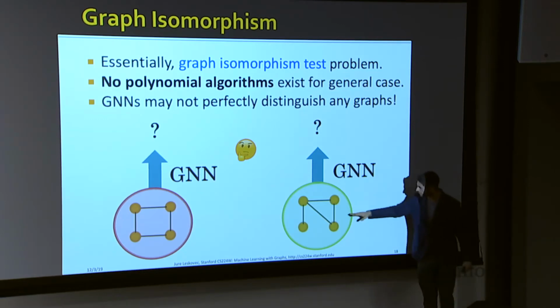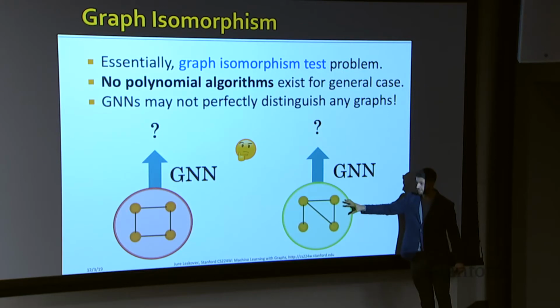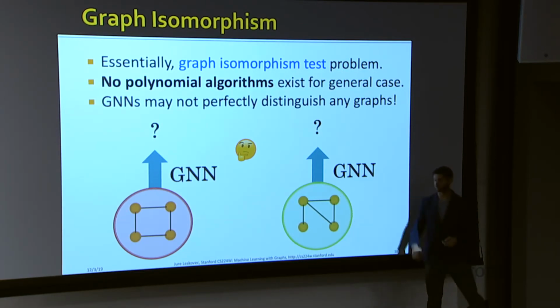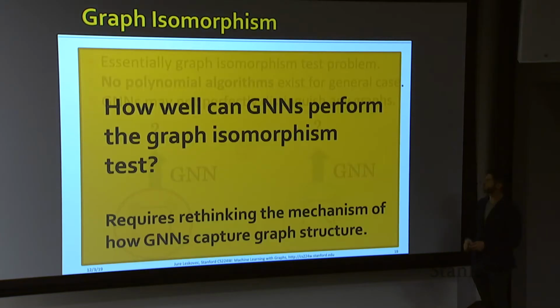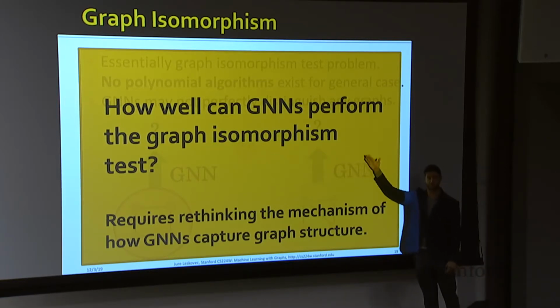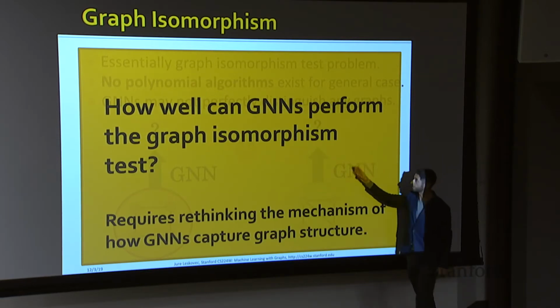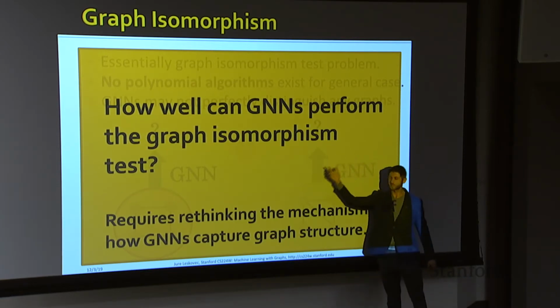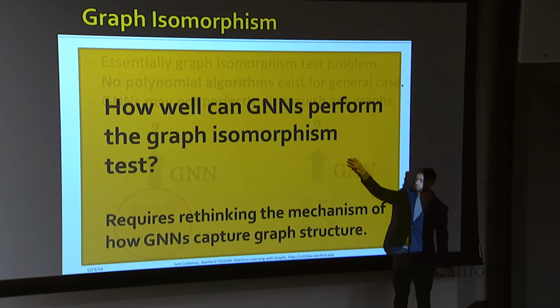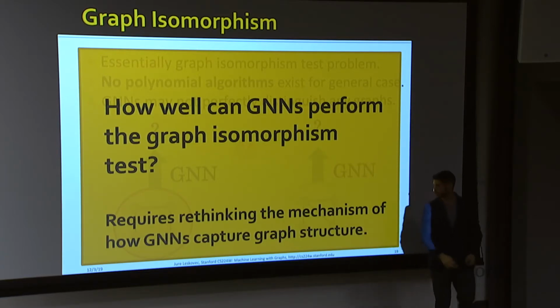So we have to carefully design a GNN to be able to distinguish each possible different graph structure. So how are we going to do that? And how well in the end can GNNs perform the graph isomorphism test? We're going to run this parallel throughout the first part of the lecture: we're going to try to have a GNN which performs as close as possible to the graph isomorphism test, okay?